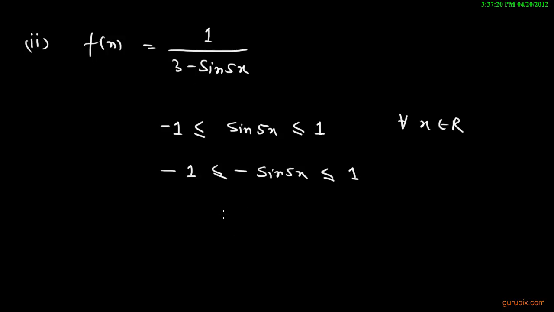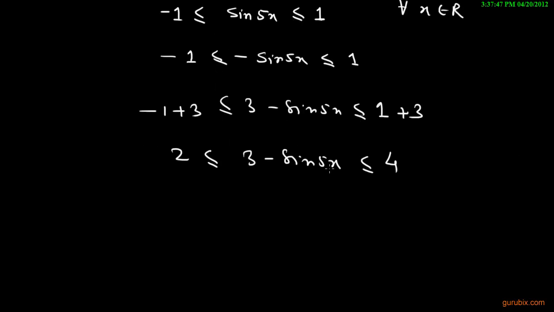And if we add 3 here, we get 3 - sin 5x is less than or equal to 1 + 3, and here is -1 + 3. Then it will be 3 - sin 5x is greater than or equal to 2 but less than or equal to 4.